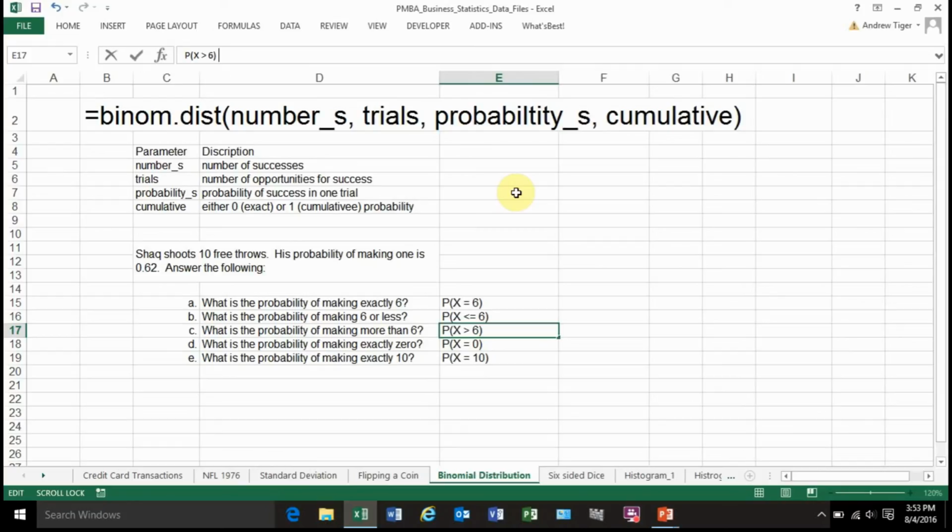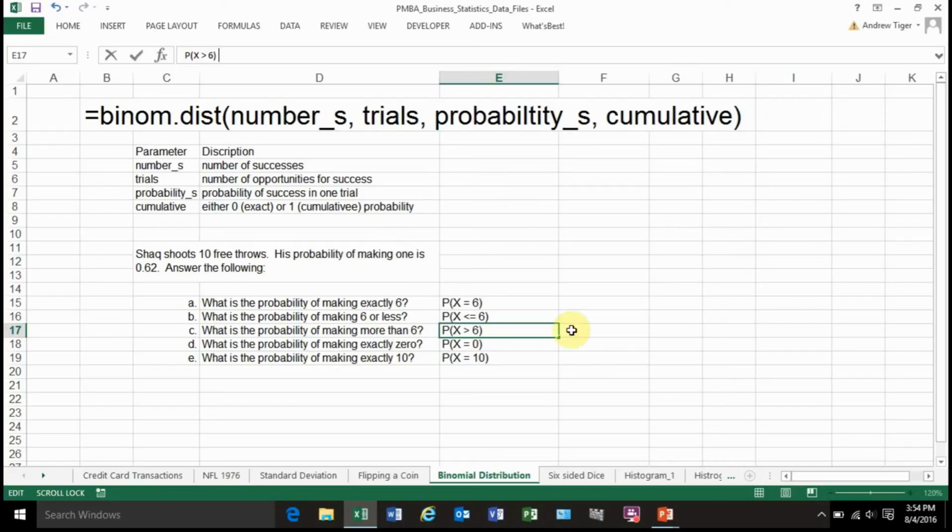Let's solve a problem. And it's a somewhat trivial problem, but let's solve it anyway. We've got a basketball player who shoots 10 free throws. So let's say every game he shoots 10 free throws. And we know from historical information that his probability of making one free throw is 62%. Or the other way to say it is that his free throw percentage historically is 62%.